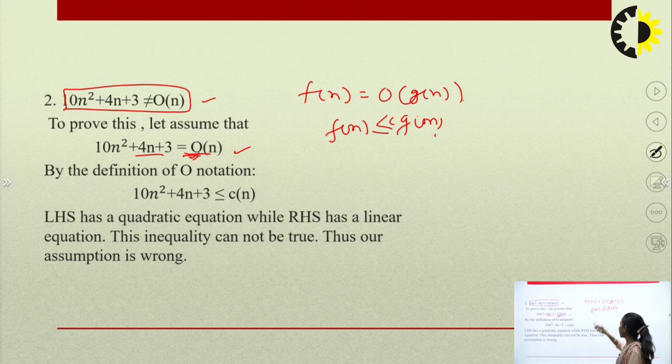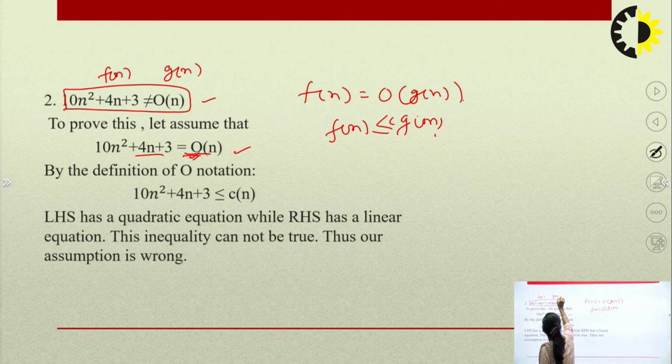By the definition of big O, you can write this equation like this: 10n square plus 4n plus 3 is less than or equal to Cn. Here this is f(n) and this is the g(n) function.